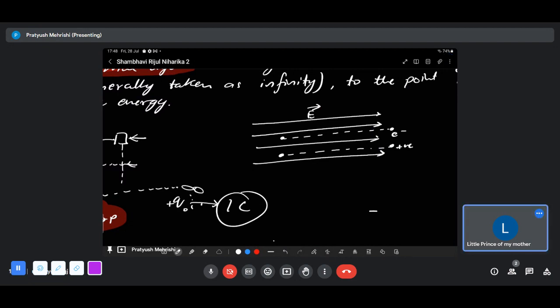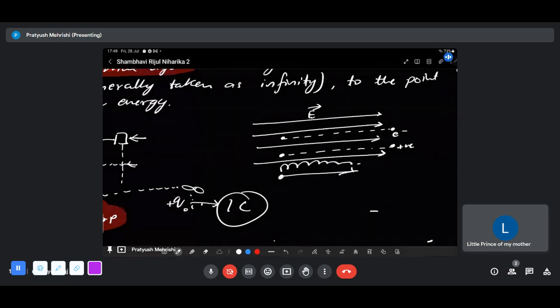Yes, sir, because of the positive charge. It is like a spring. When you press the spring and leave it, it will go to that side. But if I am bringing the charge from infinity to this point and when I leave it, it is not coming back. Instead, it will go on this side. Why?